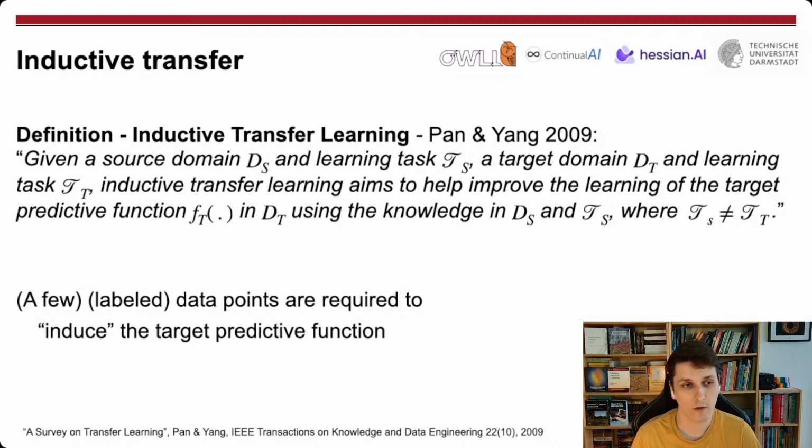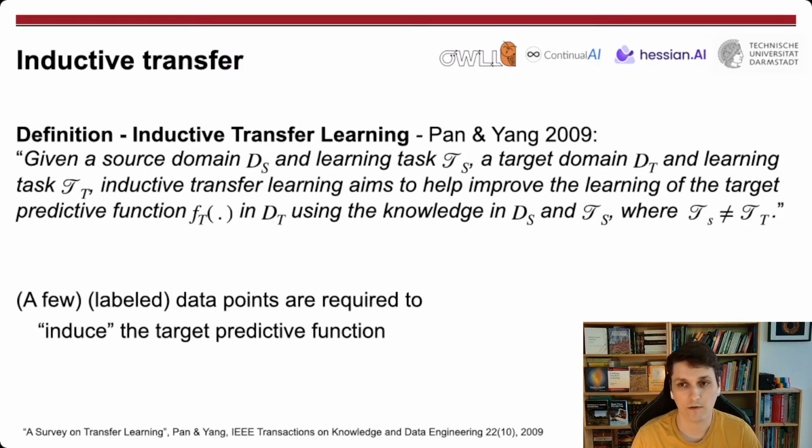And to complete the definitions, the other half to that would then be called inductive transfer learning, again, where the part to focus on now is the very last portion, where in addition to this, we now also say the tasks can be different.